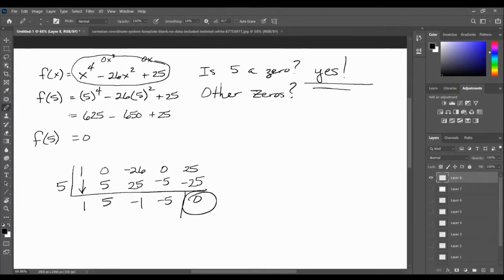I can sit here and pick numbers all day long and plug them into the formula and see what I get. And every one that gives me a 0 is a 0. But one of the benefits of synthetic division is now I can take this quotient and plug values into that one and see what I get.